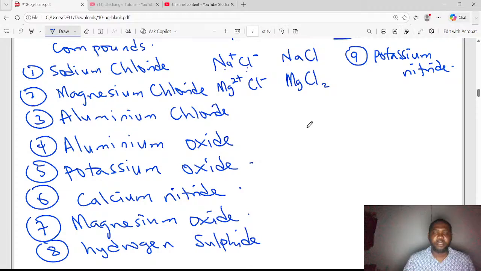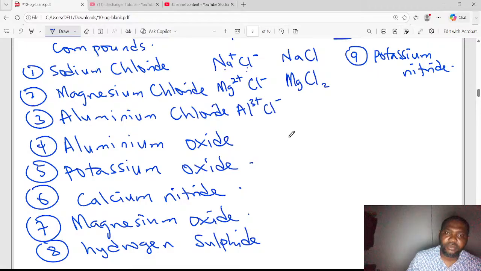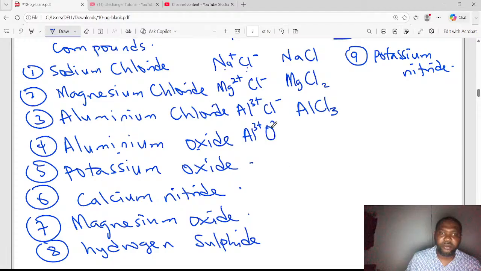Now aluminium, Al, is 3 plus, chloride is -1. So aluminium chloride is AlCl3. Aluminium oxide: aluminium is +3, a group 3 element. Oxide is -2, a group 6 element.